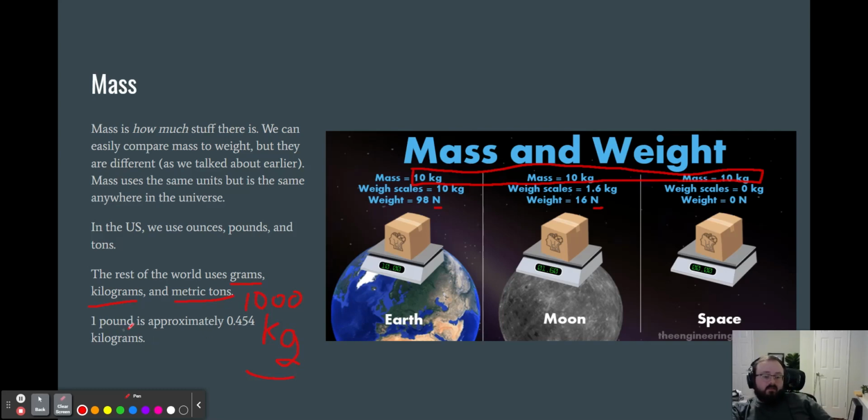So 1 pound is approximately 0.454 kilograms. So there's our units. If something weighs this much, we'll give you a reference: how much would that weigh in pounds? Just to make it easier. So these are the units in red that we're going to be using. Grams is the base. Technically, kilograms are actually the SI unit, but as we're going to see in a few slides, they're related numerically.